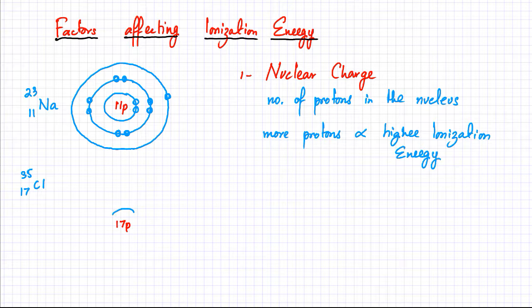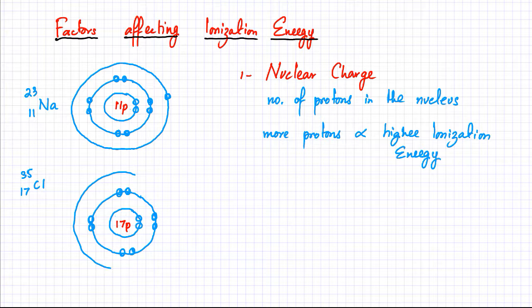So the first shell is again going to have 2 electrons, then you're going to have 8 electrons in the second shell, and the last shell is going to have a total of 7 electrons.